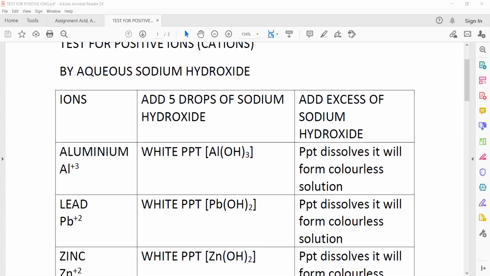Today's topic is about identification of the salt. So, practically, how can we identify a salt?